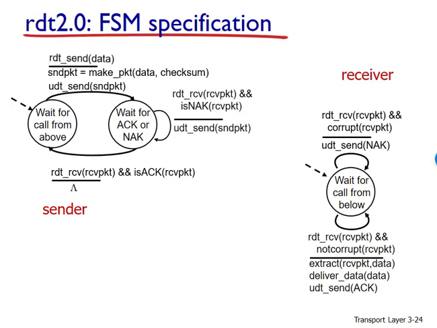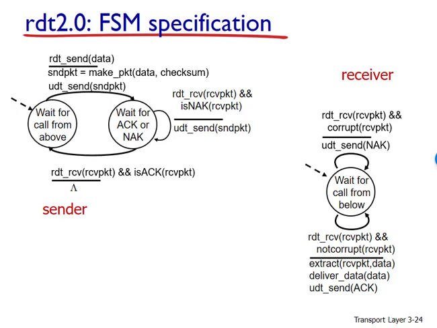When the rdt_send data event occurs, the sender will create a send packet containing the data to be sent along with a packet checksum, and then send the packet via the udt_send packet operation. In the rightmost state, the sender protocol is waiting for an ACK or a NAK packet from the receiver. If an ACK packet is received, the notation rdt_rcv(rcvpkt) && isACK(rcvpkt) corresponds to this event.